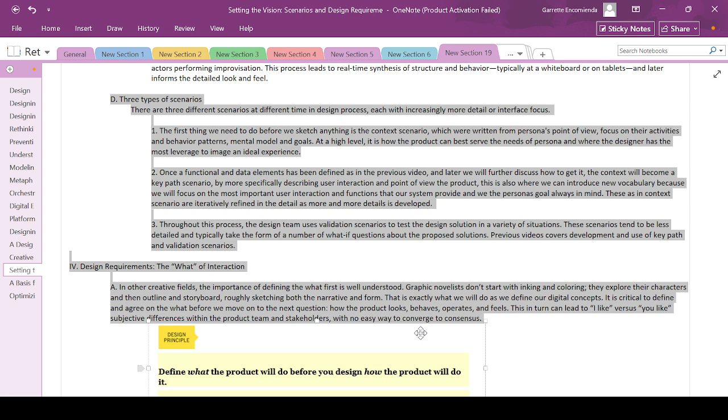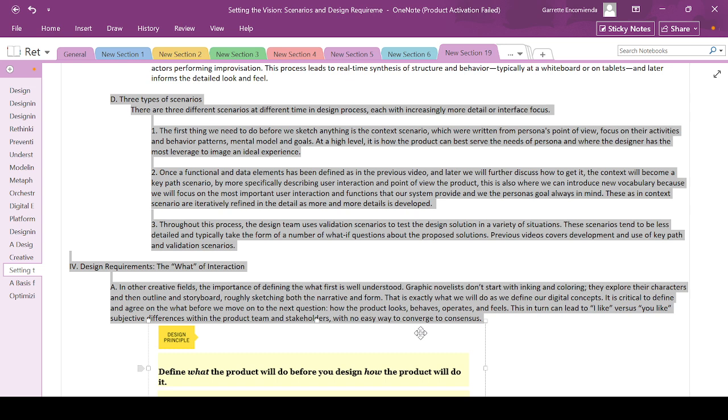It starts from user research and the persona goal, and then the designer will create a context in which that persona's behavior patterns, mental models, and goals kind of submerge at once.